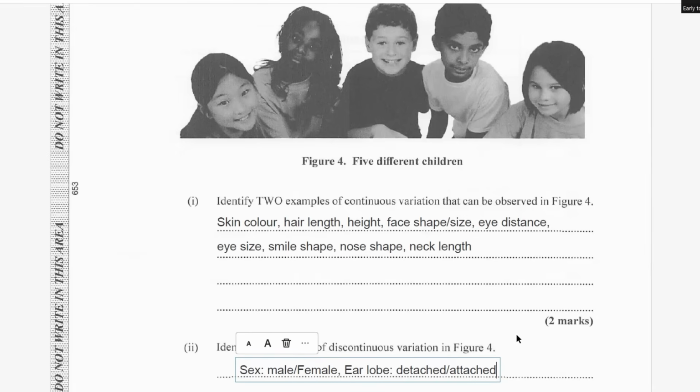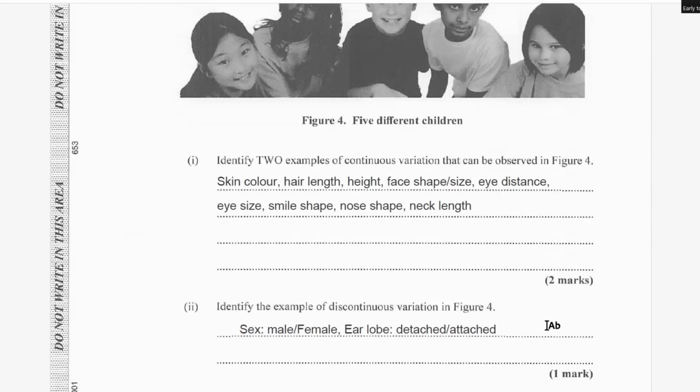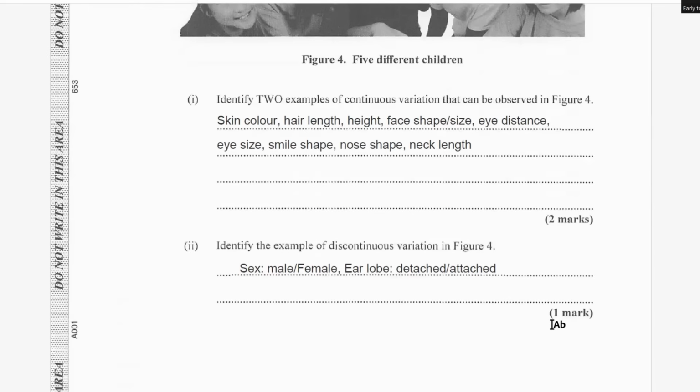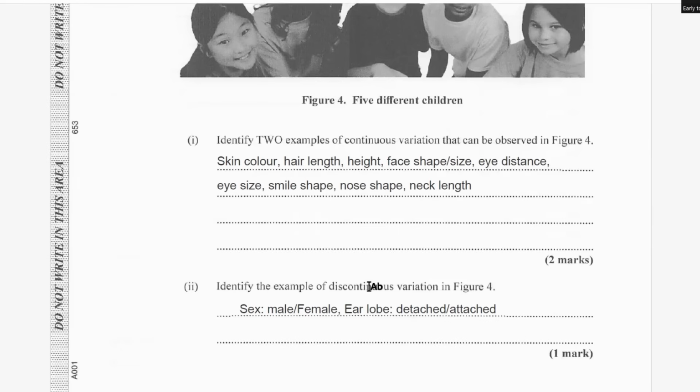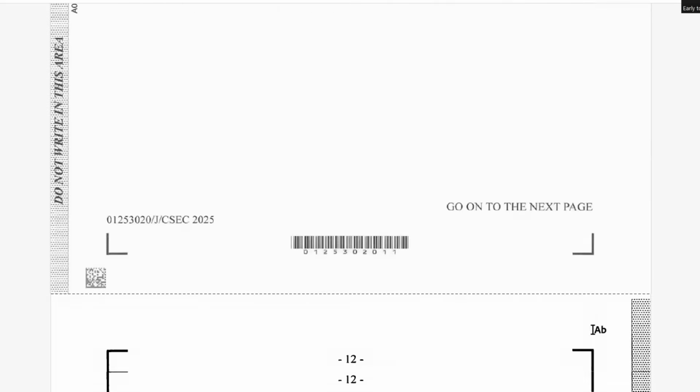So we included it as an option there as well. But it's only for 1 mark. You don't have to spend so much time. I hope persons didn't spend too much time in the exam adding too many answers, because the marks are fixed. No matter how many variation traits you add in, you could only get 2 marks for the continuous and 1 mark for the discontinuous.